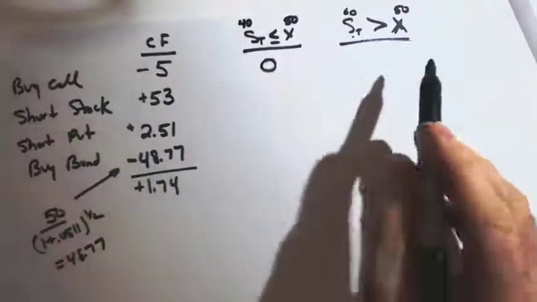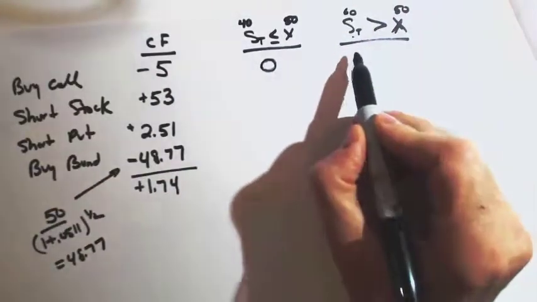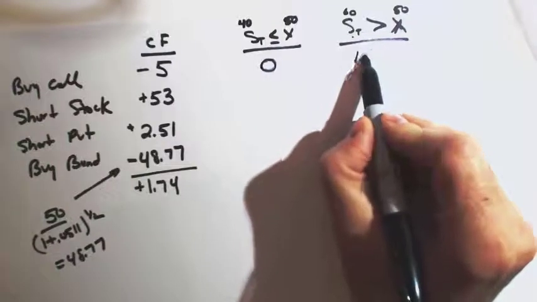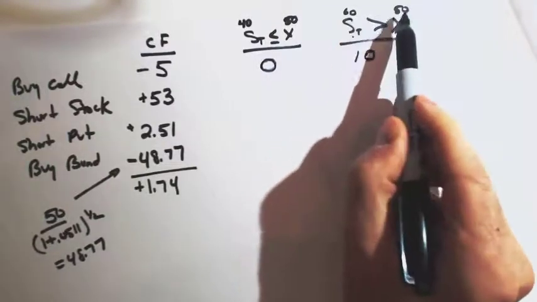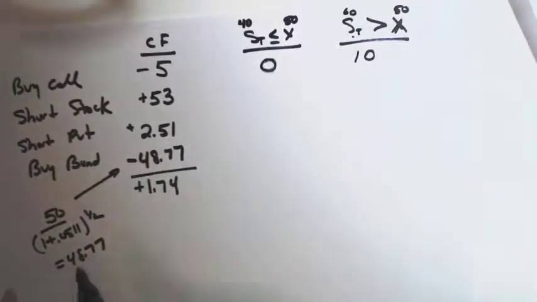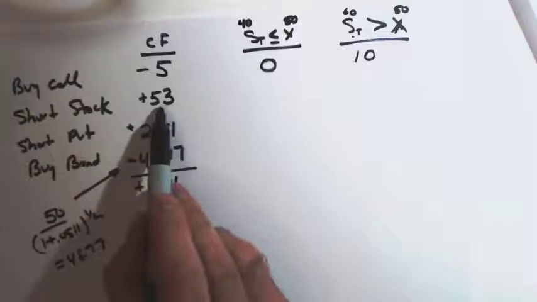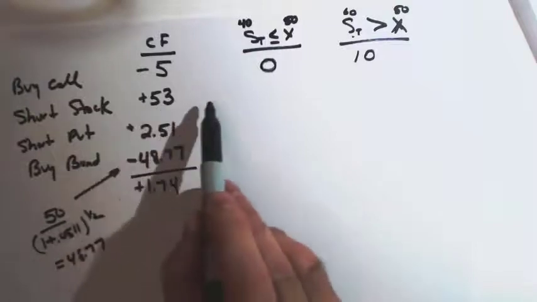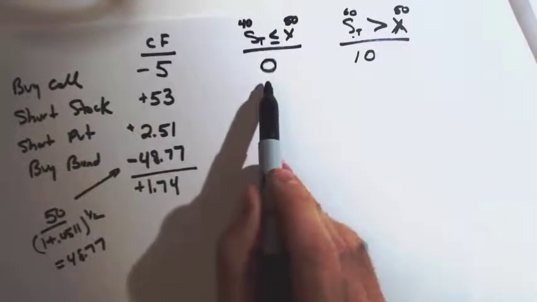So we have actual dollars to wrap our heads around here. That means this is in the money by $10. So the stock is 60 at expiration, the strike is 50, the payoff is 10. Okay, so far so good. Now the stock price that you shorted, now you're going to have to buy the stock back at expiration.